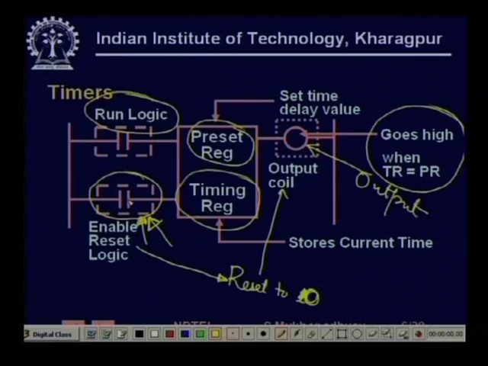That output coil contact we can put here. So, it is not necessary that you always make it a very simple logic; you can make it as complex as you want. So, this is a basic timer.